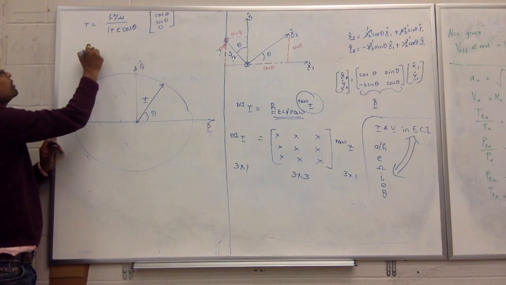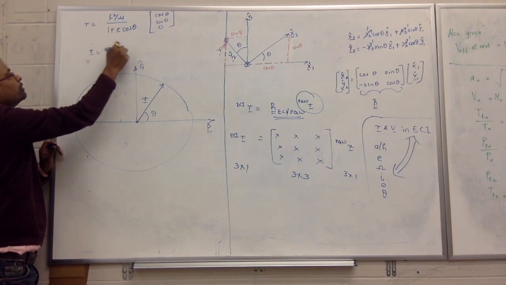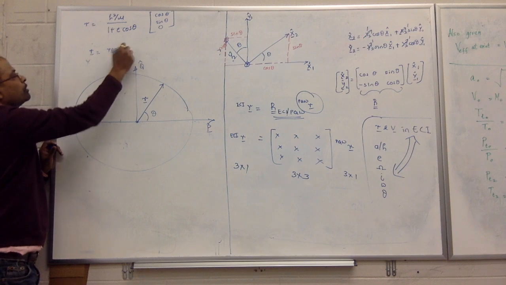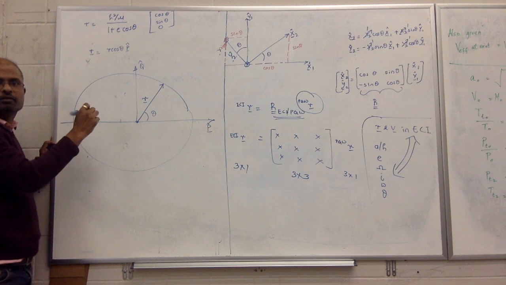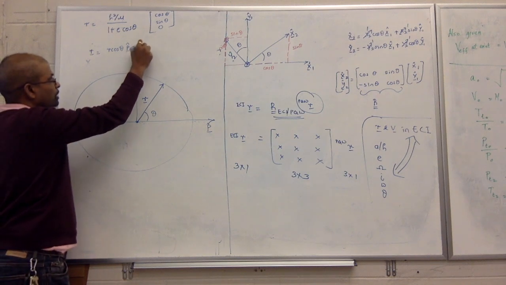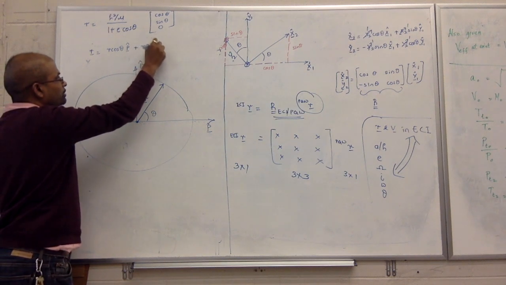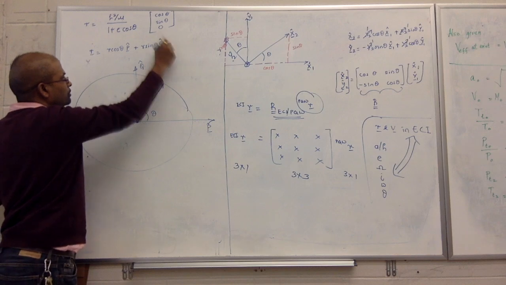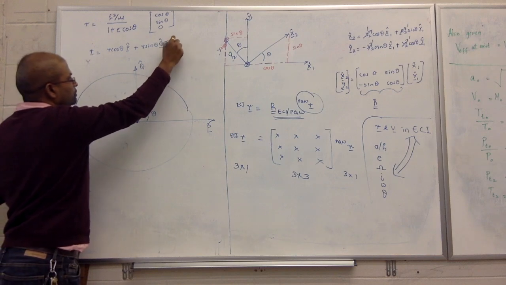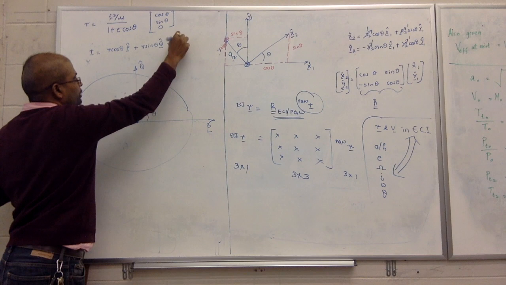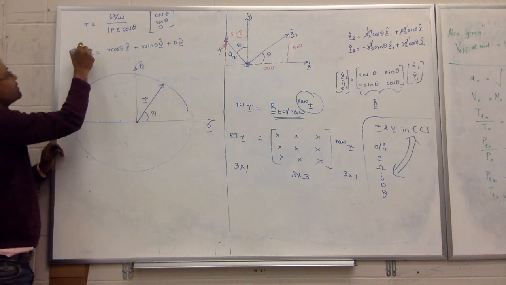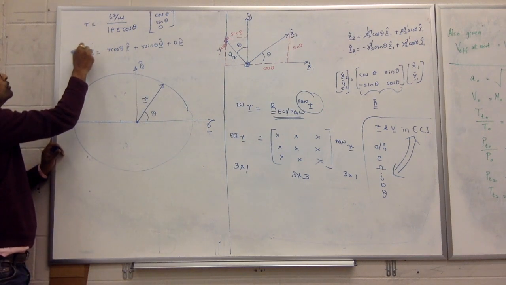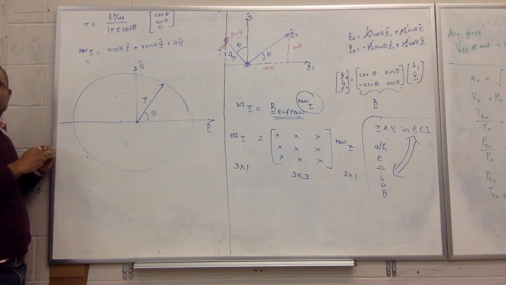So here, this R is simply R cosine theta in the P direction, plus R sine theta in the Q direction, plus 0 in the W direction. But this is in PQW. Right? You get it?